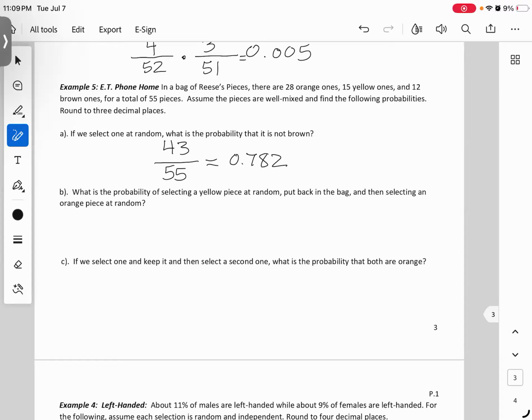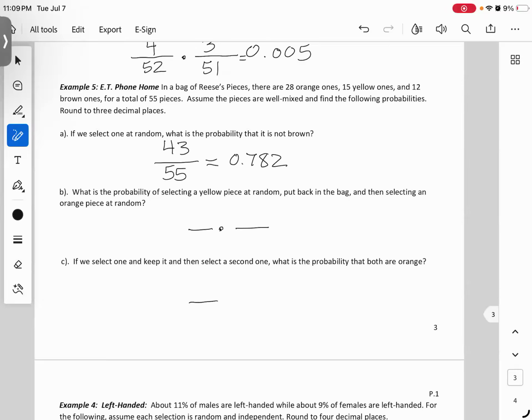Now B and C are going back to the idea that maybe things get replaced, maybe things don't get replaced. It's going to be two fractions being multiplied because they're selecting one piece followed by a second piece. You're more than welcome to go ahead and pause the video and see if you can find what fraction times what fraction if they want to pick a yellow and then an orange one, and they do put it back after the first selection.